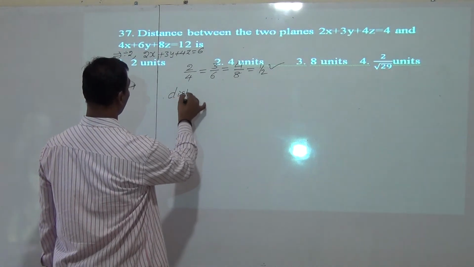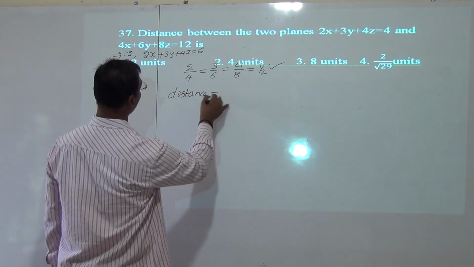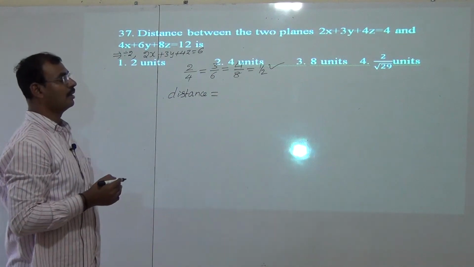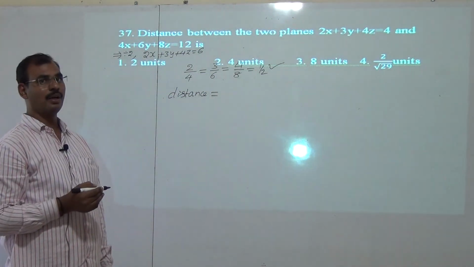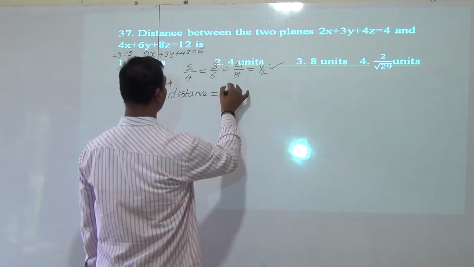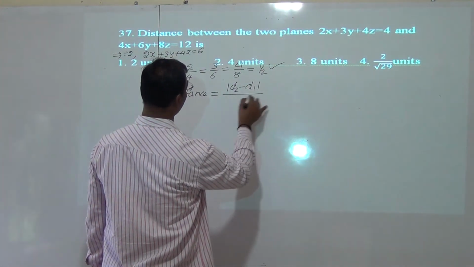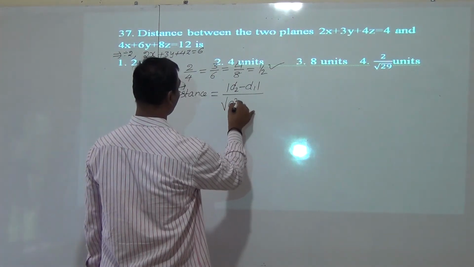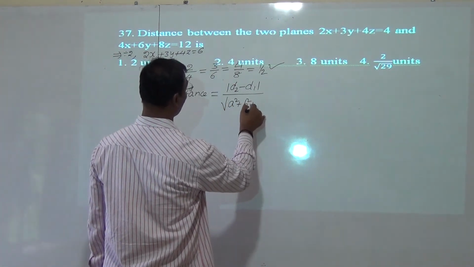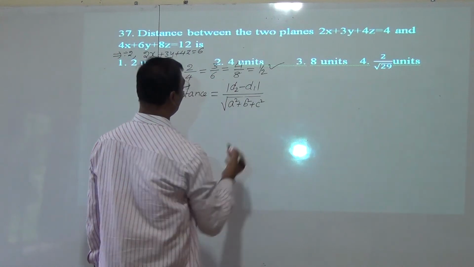Last class I finished these model questions. Distance between two parallel planes formula: magnitude of d2 minus d1 upon square root of a square plus b square plus c square.